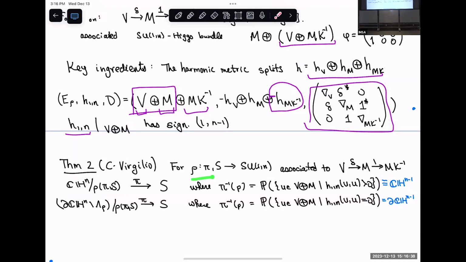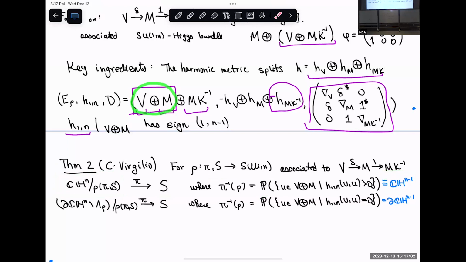So the representation associated to one of these variations of Hodge structure above, when I take the quotient of CHN by the representation, I get a projection map to the surface, and the fiber is a CHN minus 1, but it's a pretty concrete CHN minus 1.